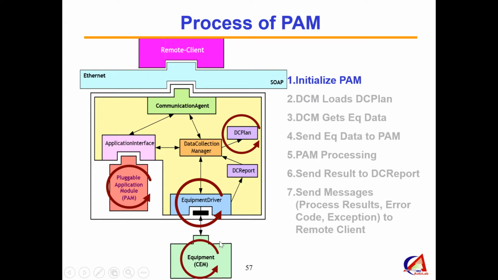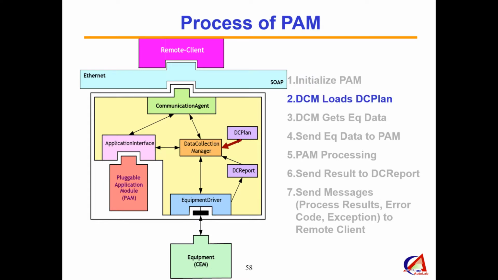And then the equipment driver, you should plug in a specific equipment driver. For example, that may be SECS-I using the RS-232, or it may use TCP/IP using the HSMS or interface A, right?